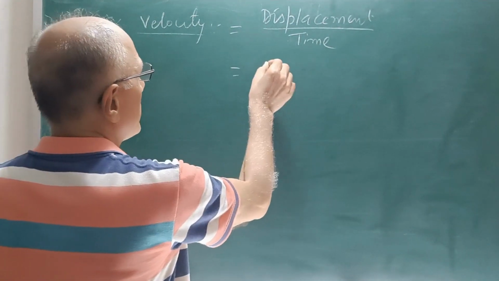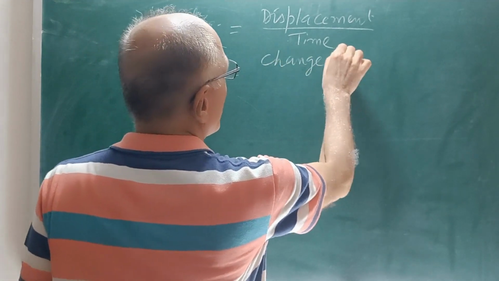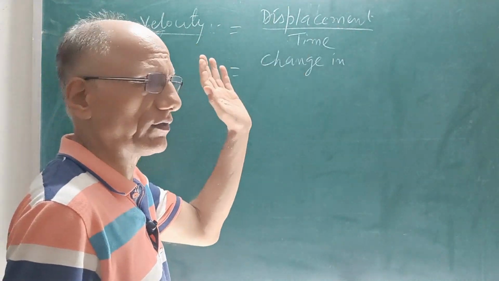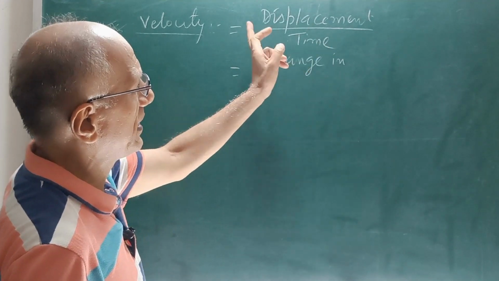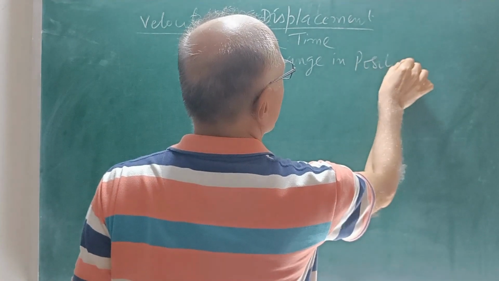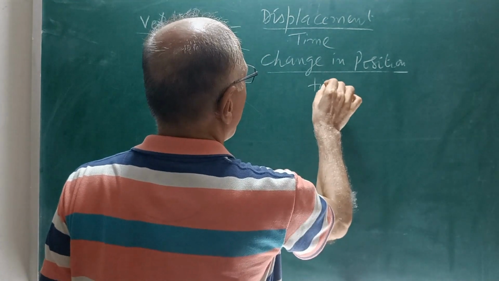And what do you say displacement? Displacement is change in position, not distance, in a particular direction. The displacement upon time, and displacement is defined as change in position, or change of position upon time.